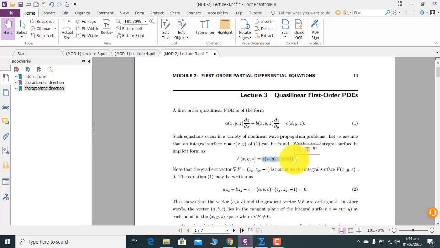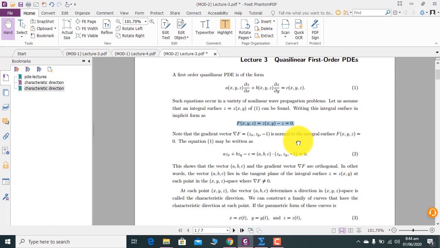This is your required solution, and writing the solution in that particular form is known as the implicit form of the solution. What is the benefit? You will eventually understand that writing the solution in that form will make it easy to understand the methodology to solve quasi-linear first order partial differential equation.